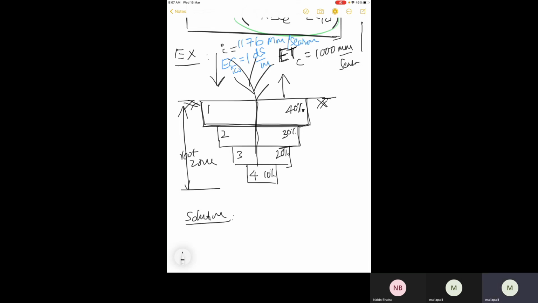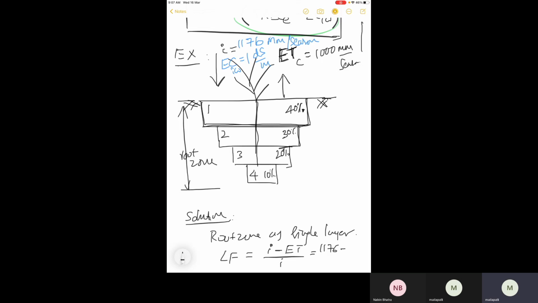First, we have to find out the leachate fraction considering the root zone as a single layer. If the root zone is a single layer, the leachate fraction will be equal to I minus ET, that equation, divided by I, which will be 1176.